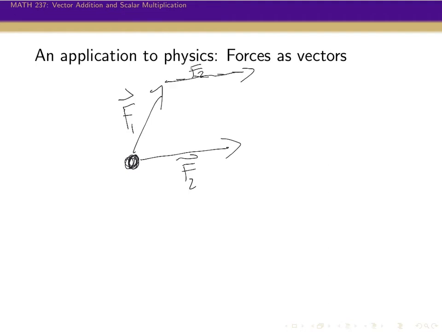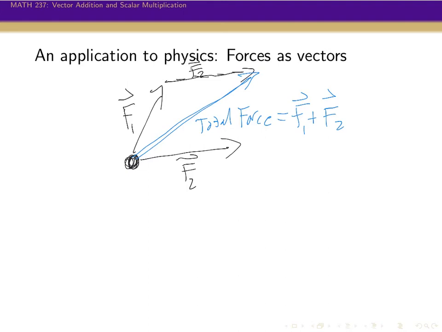So there's another copy of F2. And so then the total force is going to equal F1 plus F2. And that's what's going to be causing the motion, or affecting the motion of the particle.